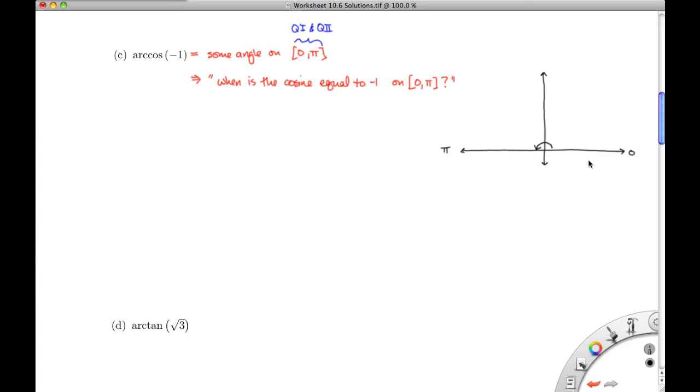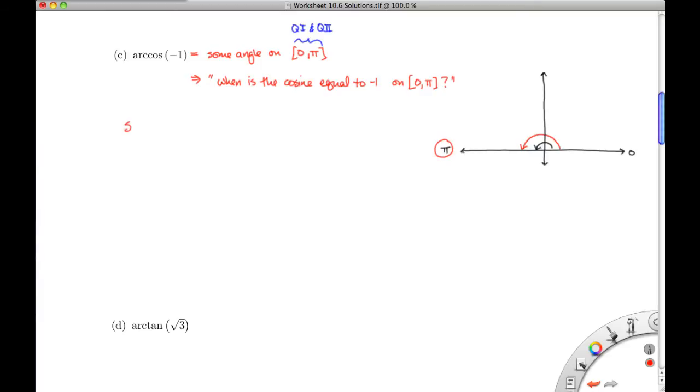Okay, so -1. So the cosine is either positive or -1 on the x-axis. It's -1 on the negative x-axis. So our actual solution angle here is this full angle of rotation from 0 to pi. So that would be our full angle.